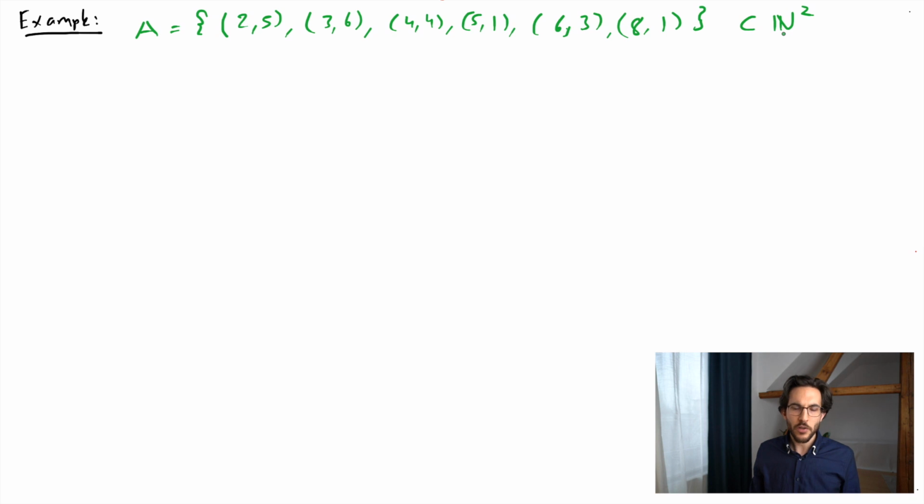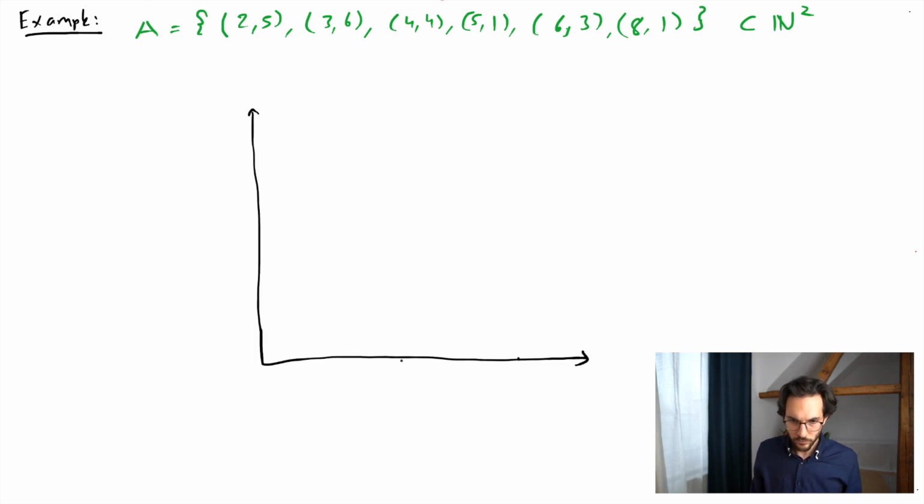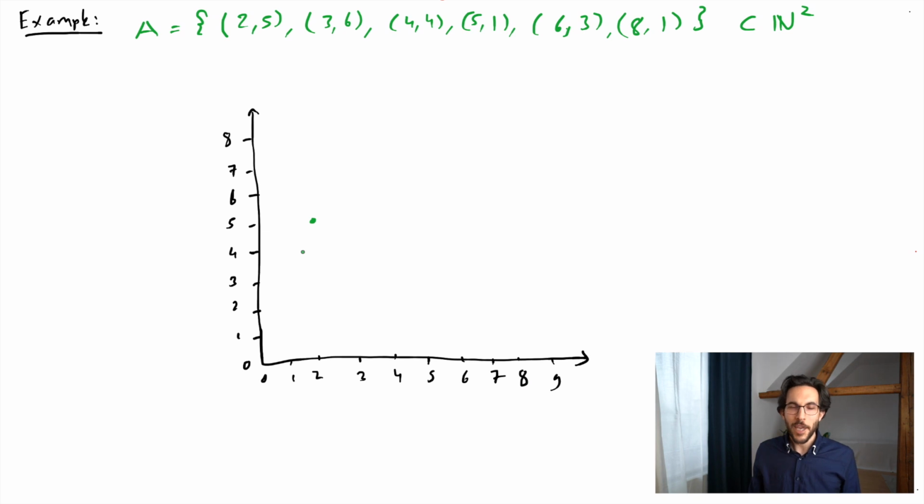Let me draw the picture from which I've translated these coordinates. Okay, I've plotted my N^2 basically. Now I'm plotting the points A inside of here. So this is (2,5), the first point. Let's do the other ones. (3,6).